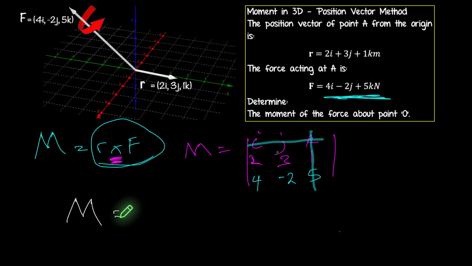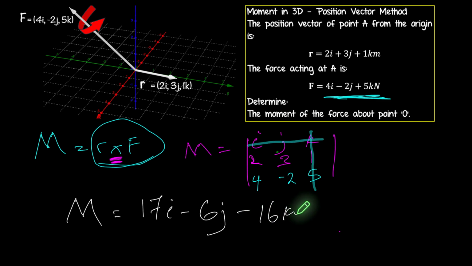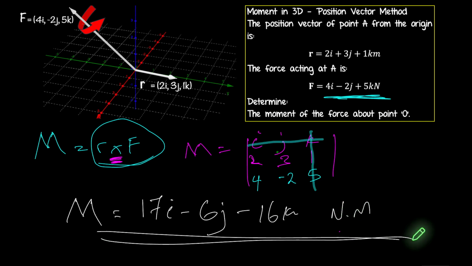The component for i was 17, so we write 17i. The component for j was negative 6j, and the component for k was negative 16k. Since it's a moment, our unit would be newton meters, and this represents our final answer.